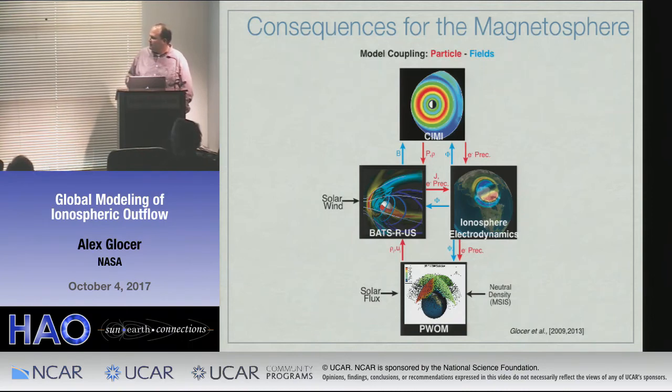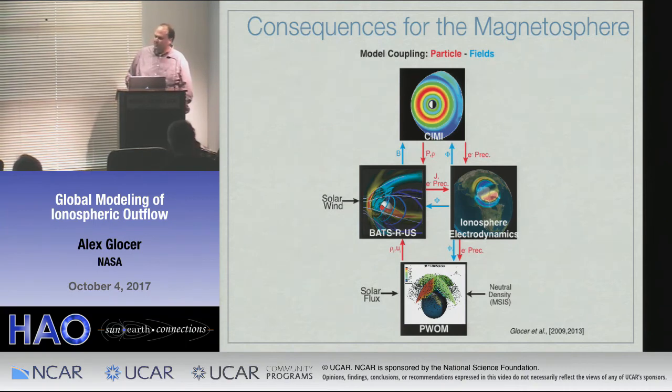And actually, the nice part is this part was already solved. So in 2009, I expanded BATS-R-US to be a multi-fluid model, and I, together with my co-authors, put PWOM into BATS-R-US, so I can use the polar wind outflow model to set the inner boundary of the multi-fluid BATS-R-US code.